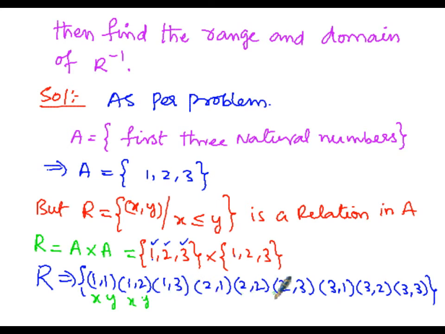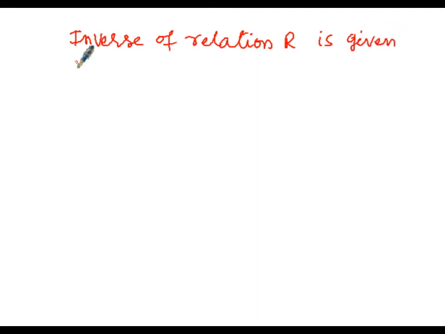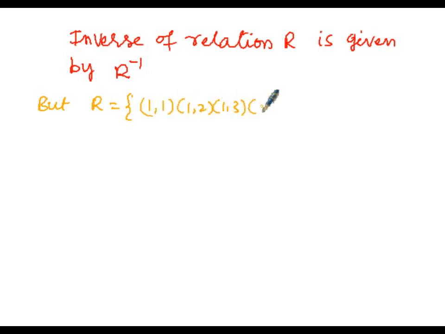In the next step, the inverse of relation R is given by R inverse, but the relation R is given by (1, 1), (1, 2), (1, 3), (2, 1), (2, 2), (2, 3), (3, 1), (3, 2), and (3, 3).